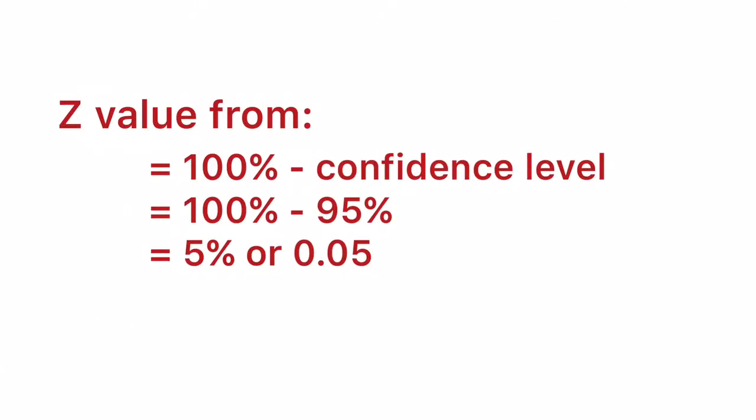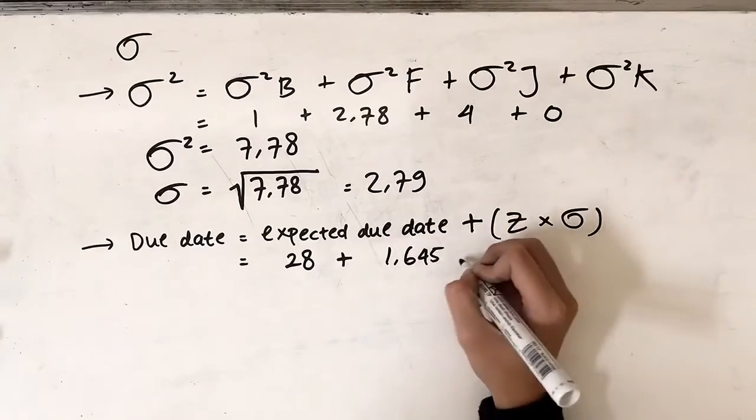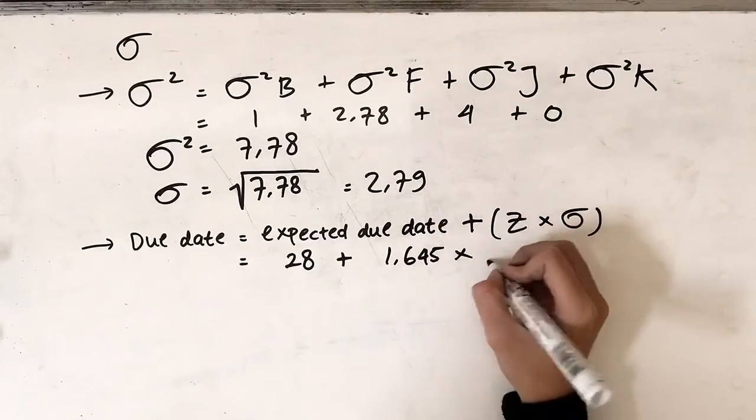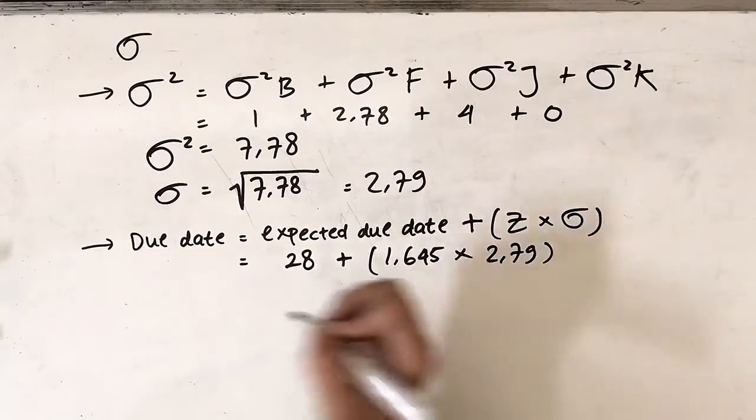Here we get the z-value by subtracting the confidence level, which is 95%, from 100%. Then we get 5% as our alpha, or 0.05, and it's stated in the problem that the z-value for 0.05 is 1.645. Then the z-value is multiplied by the standard deviation above.